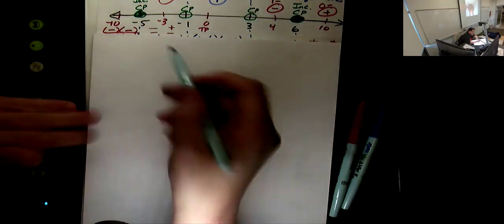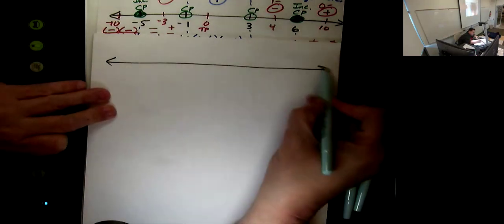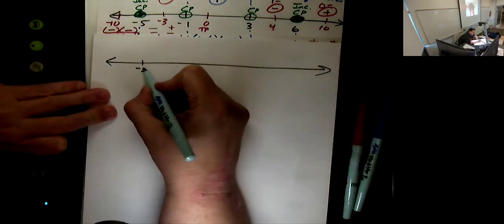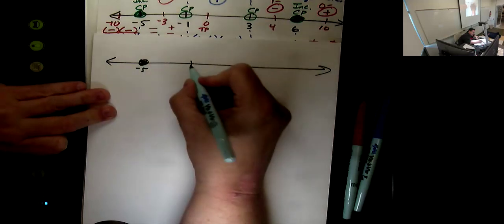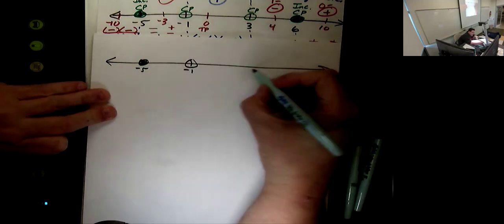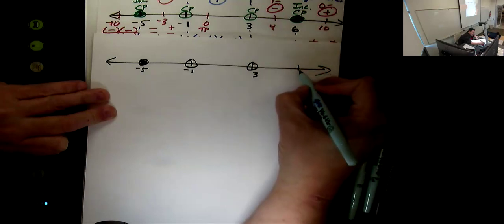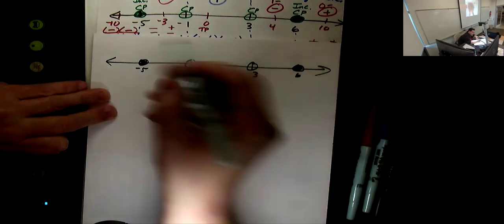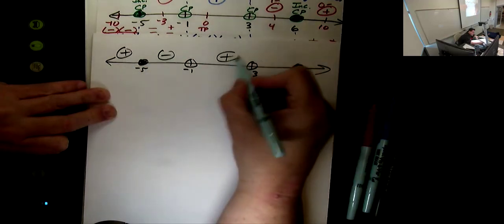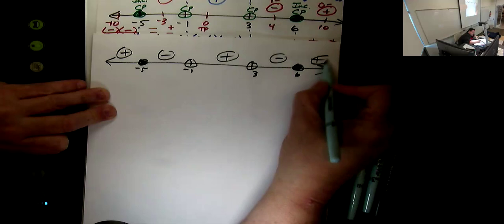We have our regions. I'm going to bring them down right here. We had -5 and it's filled in. I had -1 and it's hollow. I had 3 and it's hollow. And I had 6 and it's a solid point. And I have positive, negative, positive, negative, positive.